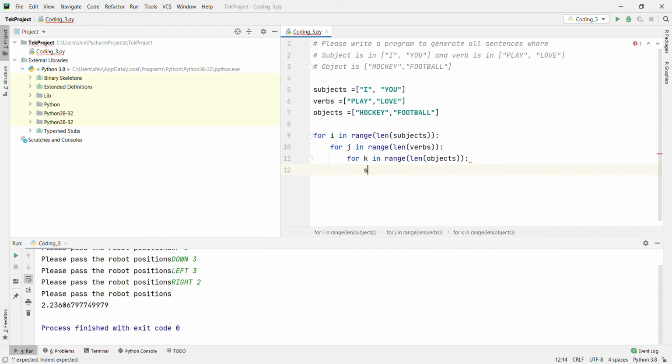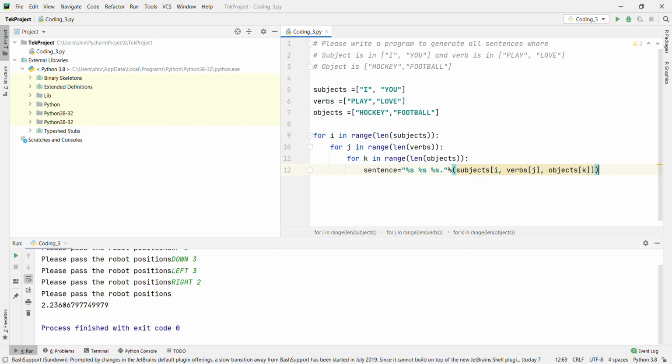Now the final sentence equals double quote %s space %s space %s dot, percent subjects of i, verbs of j, objects of k. That's the combination that is going to come, and we are going to print the sentence.